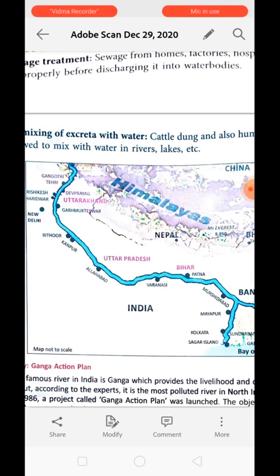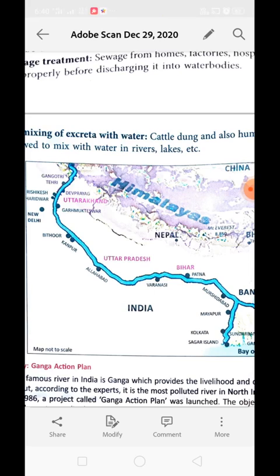The objective of this plan is to remove all the waste material by interception, diversion, and treatment of domestic sewage. Okay, interception means intercepting the waste material before it enters the Ganga, by treating it.